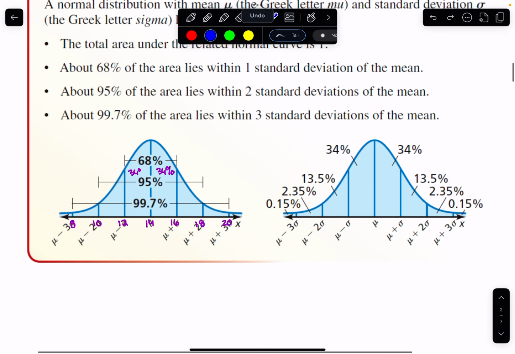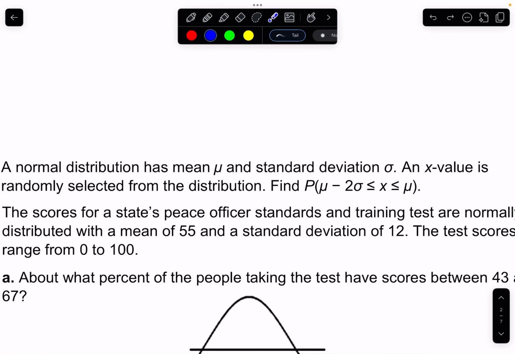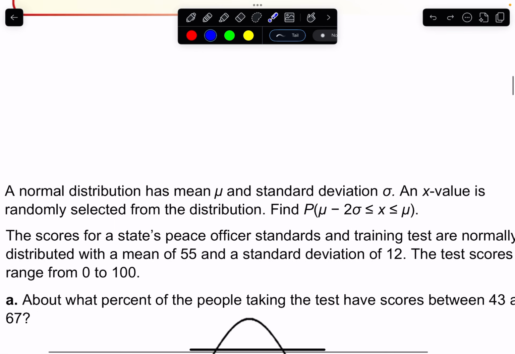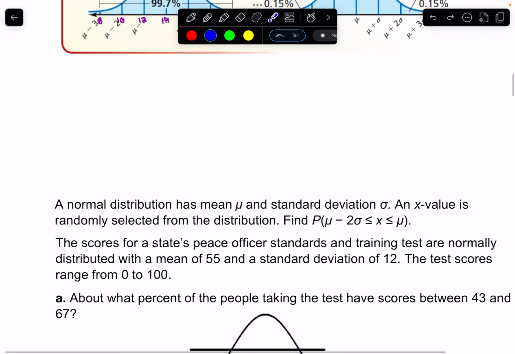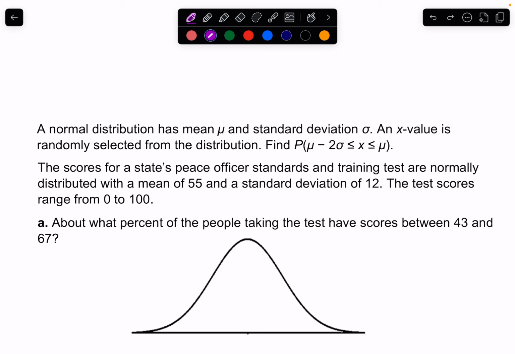All right? So what we're going to do is use this to evaluate some areas. So on your notes, you've got this very confusing sentence right here. I'll try to break it down for you. It says a normal distribution, so it fits the curve, has an average of mu and a standard deviation.